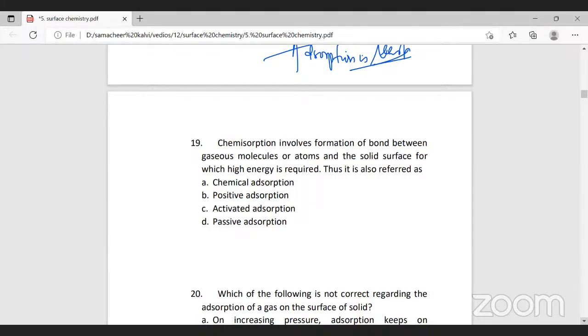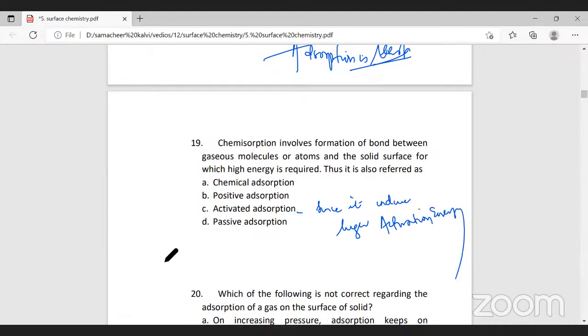Chemical adsorption is also referred as activated adsorption since it induces high activation energy. So answer for this question is option C.